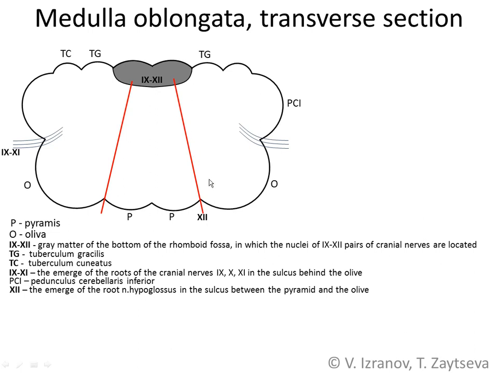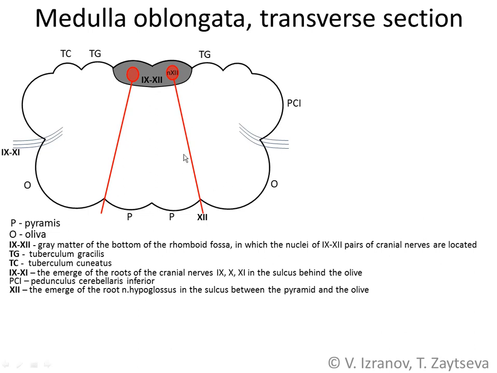So between pyramis and olive there is nervus hypoglossus, 12 cranial nerve. So it appears on the surface of brainstem exactly in this position between pyramis and olive.